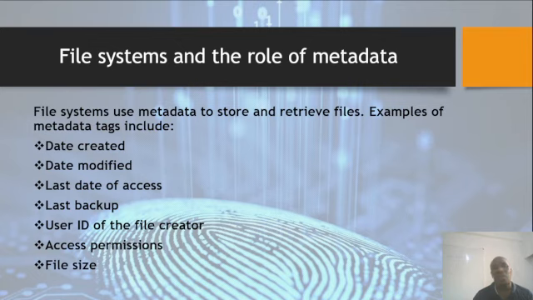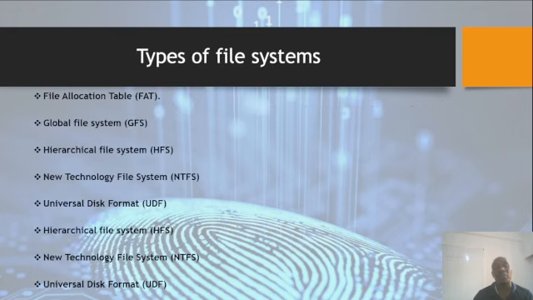Anytime you work on a computer, it will pick the person who logged in as the user. Then the access permission, whether administrator or which level, the file size, and the file type.